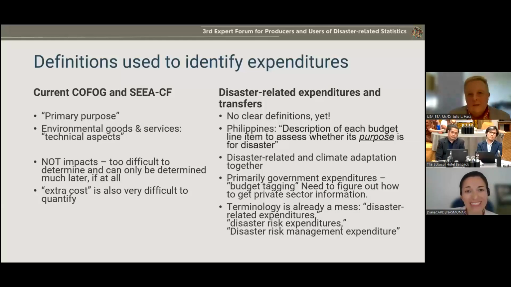I wanted to simply look and see, we've got budget tagging, which is always before things happen. When a disaster actually occurs, a lot of times transfers are made. So what is in a budget isn't necessarily what is actually spent.